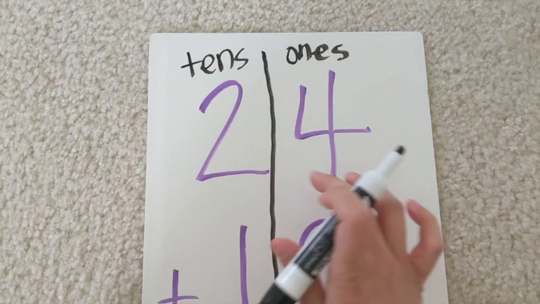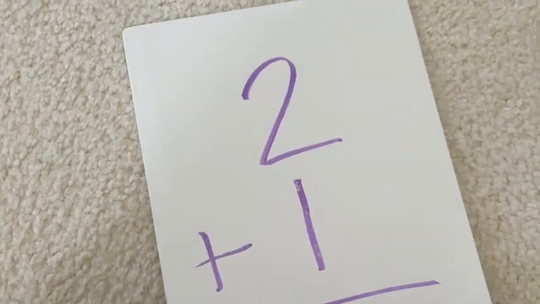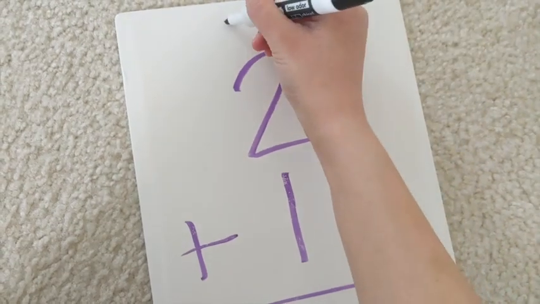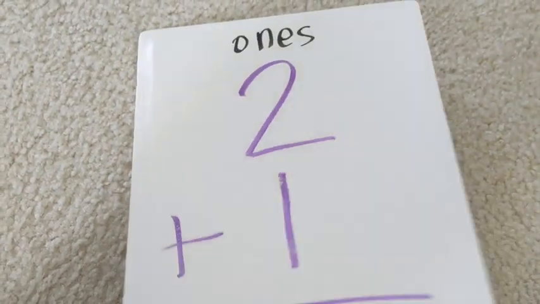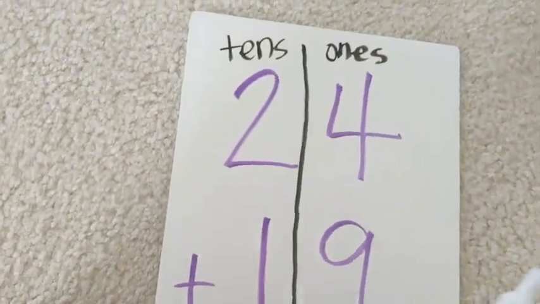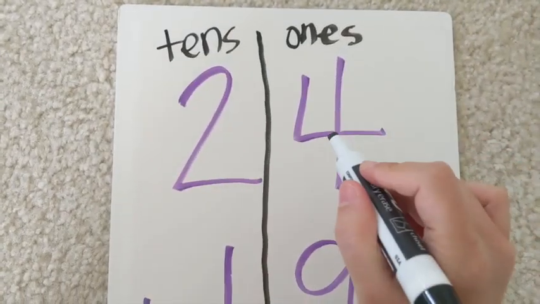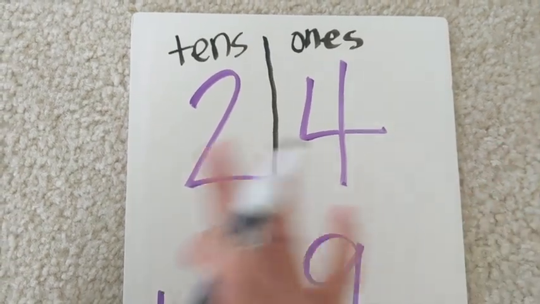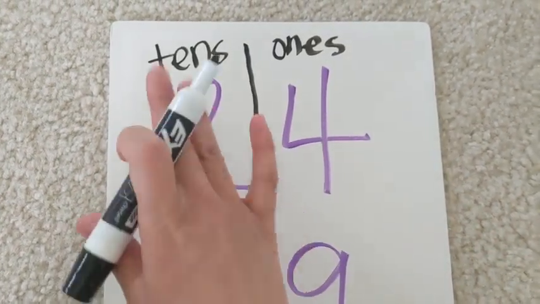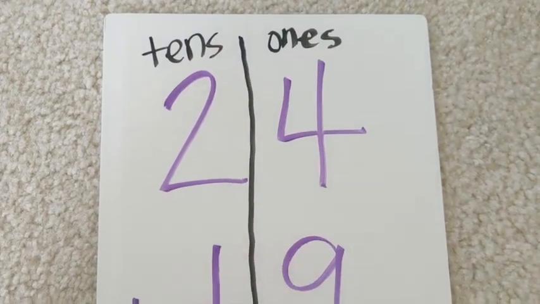So the number 24 is very different from the number 2, because the number 2 only has 2 ones and no tens, but the number 24 has 4 ones and 2 tens. As you can see, we have two places. We have the tens place and the ones place.